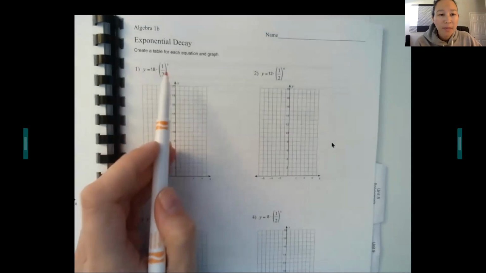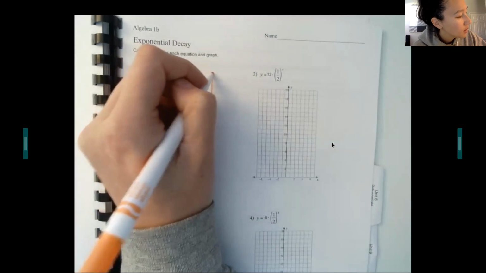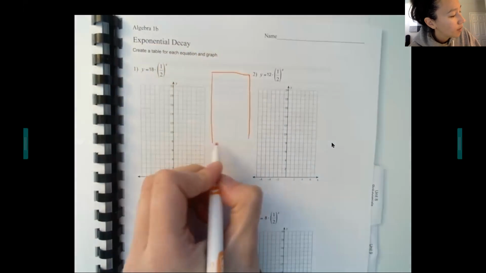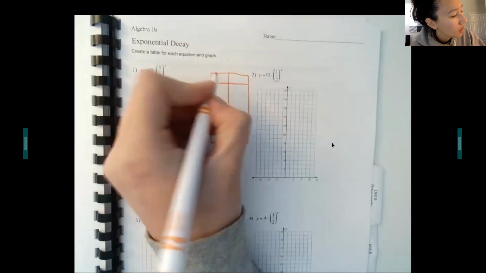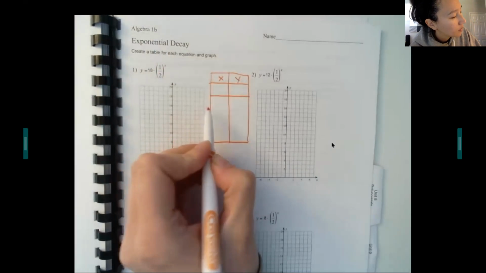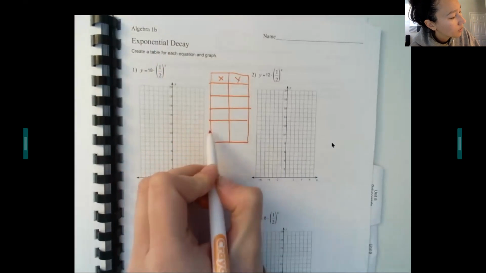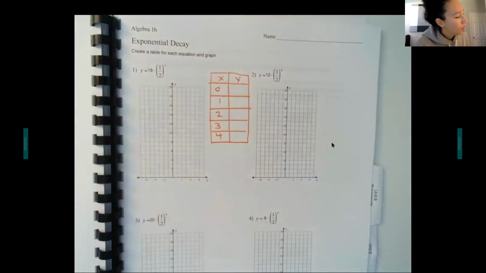Okay, so for exponential decay, we're going to want to create a table for each equation and then graph. So since we have more room for a vertical table, we'll do a vertical table. So we have our x, and then we need to find our y. So 0, 1, 2, 3, 4.